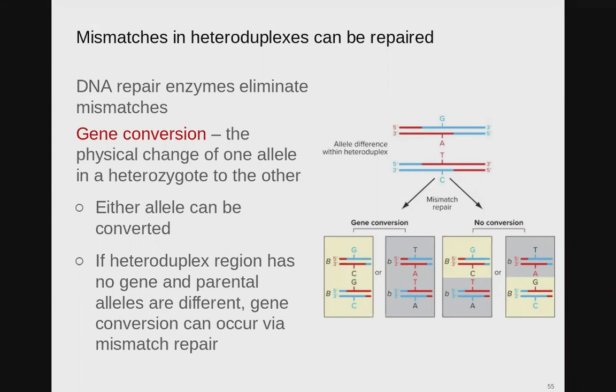G with A. But we can have what's called gene conversion, which is kind of an interesting phenomenon, which is basically the physical change of one allele in a heterozygote to the other. And again, this is all based upon this mismatch. So if we have G binding with A, that has to be resolved, right? What happens if we resolve this to a T, and this we resolve to a G?